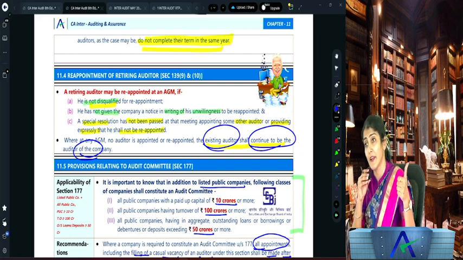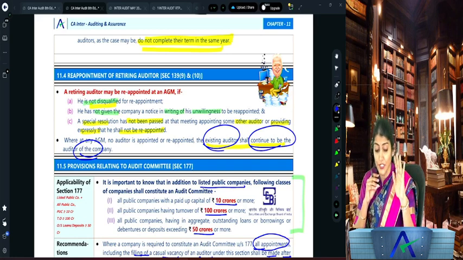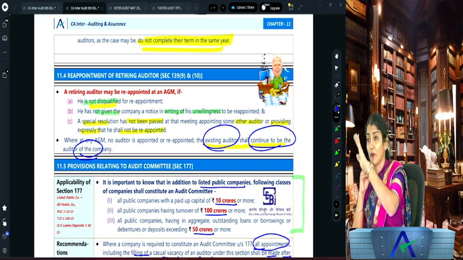He is disqualified, or he has expressed his unwillingness in writing not to be reappointed, or a special resolution has been passed by the members to appoint somebody else, or expressly providing that the retiring auditor shall not be reappointed. If none of these take place at the AGM, then the existing auditor shall continue to be the auditor of the company.